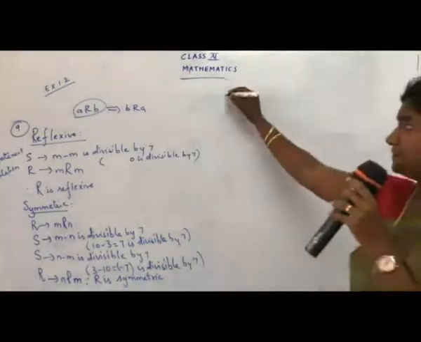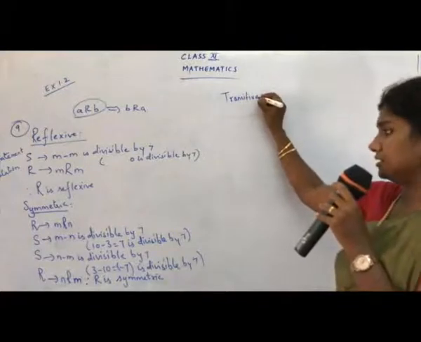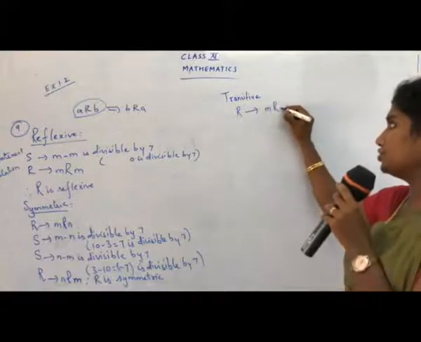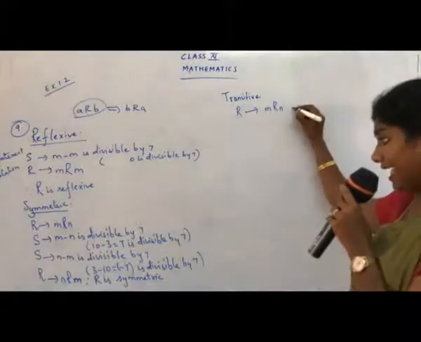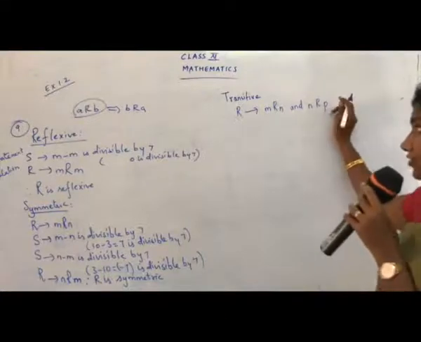Let's check for transitive. What is the definition for transitive? Let's write the relation first: M related to N and N related to P. I have to take 3 elements.